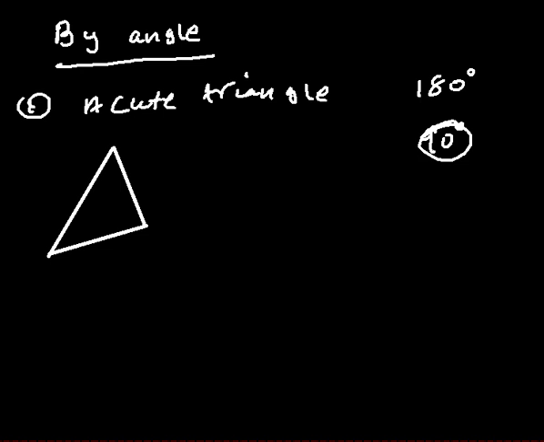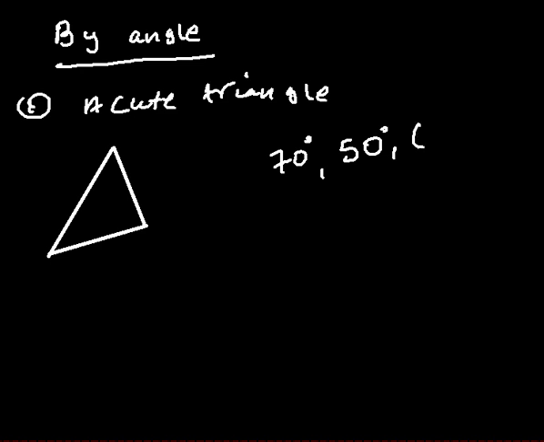Let's say you can have 70 degrees and 50 degrees. 70 plus 50 is 120 degrees. How do you reach 180? 180 minus 120 is 60 degrees.